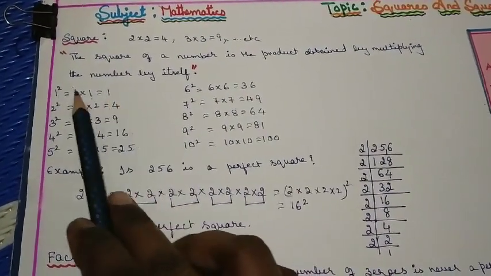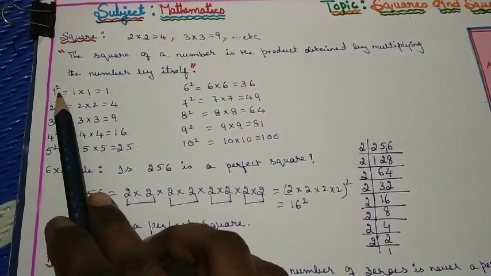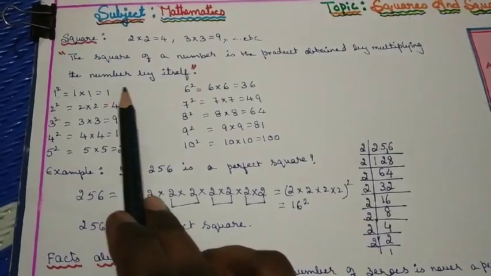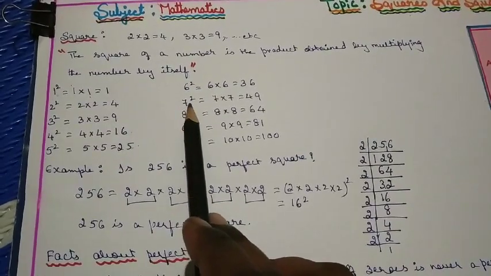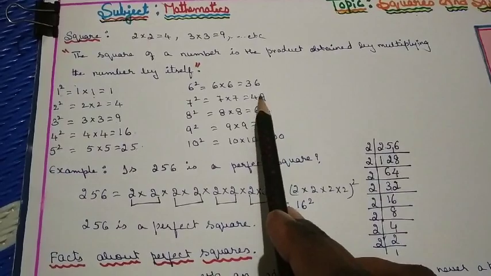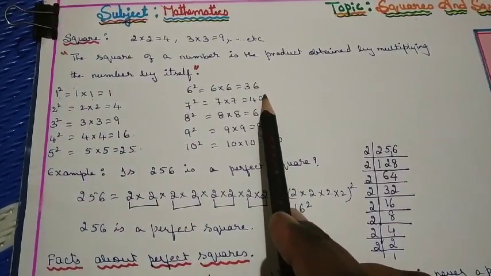Similarly, if I go with 1 in the units place of the number, it ends with 1 in the perfect square. Compare with 7. 7 square means the units place we have 7. Its perfect square is 49. 49 is a perfect square number. It ends with the digit 9.